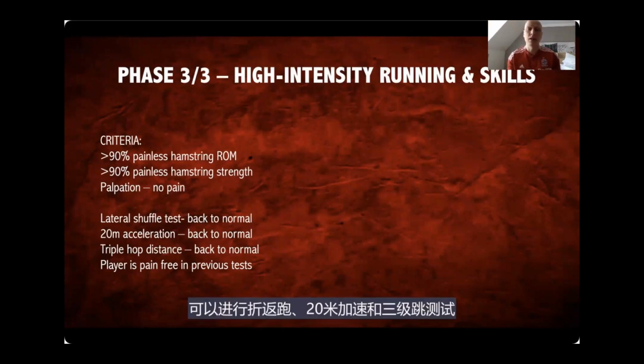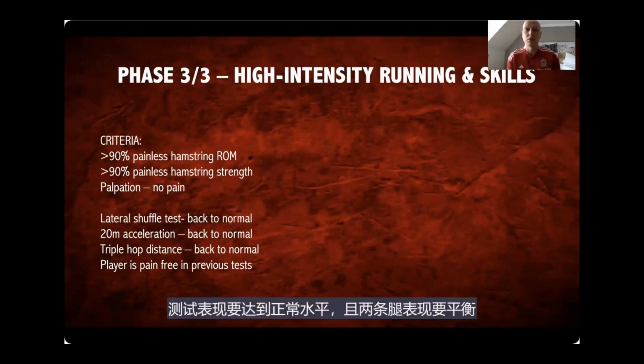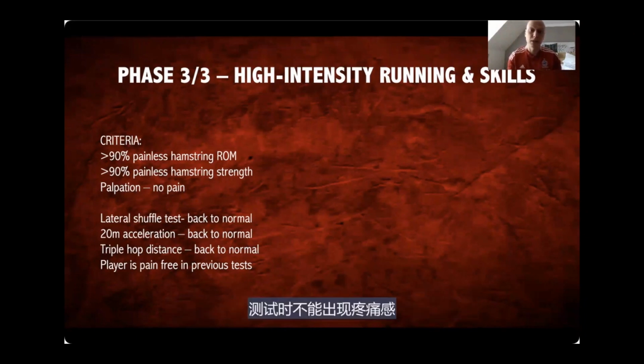And then when we run certain tests, such as lateral shuffle test, 20 meters acceleration, triple hop on a distance, those values need to be at least back to normal, and even between left and right extremity, and the player has to be pain-free in all of these tests.